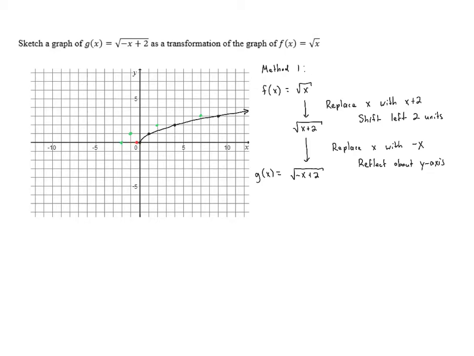This point here is 2 units to the left of the y-axis. If we reflect it, it needs to end up 2 units to the right of the y-axis. This next point is 1 unit to the left of the y-axis. If we reflect it, it needs to end up 1 unit to the right of the y-axis. The third point is 2 units to the right of the y-axis.